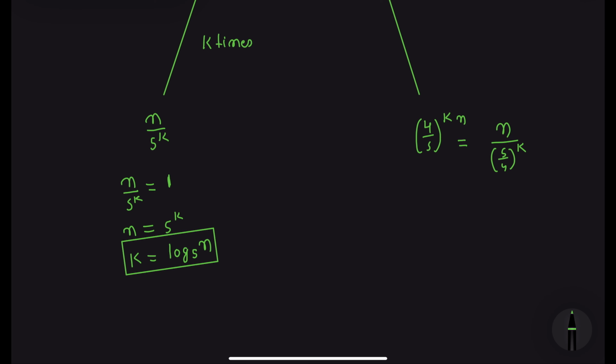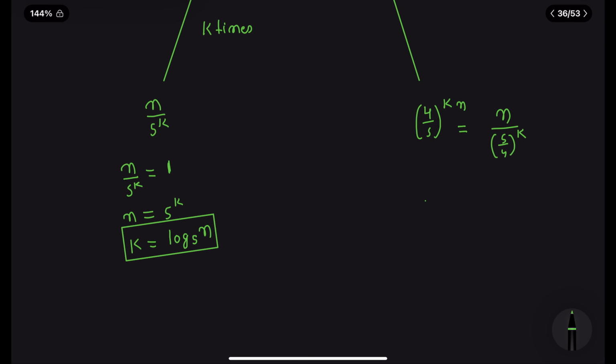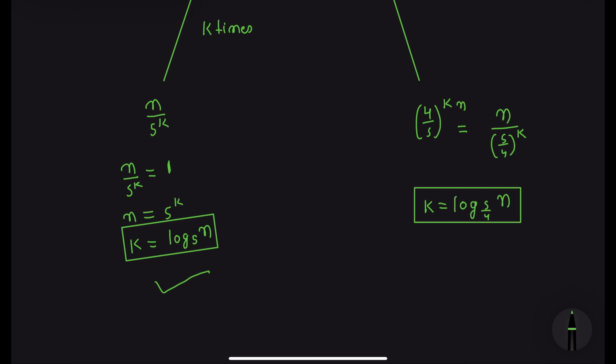On this side, it is a similar function, so it will have the value of k equal to log base 5/4 of n. You can see this function is smaller and this is larger, so the value of k is larger for k equal to log base 5/4 of n.